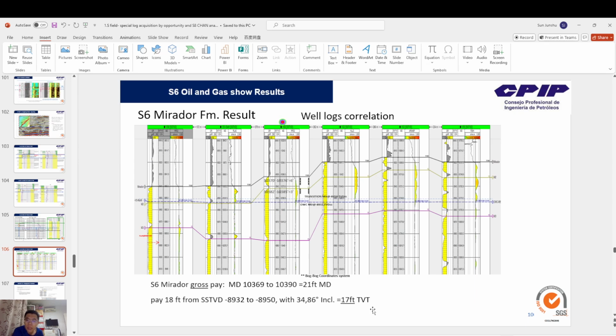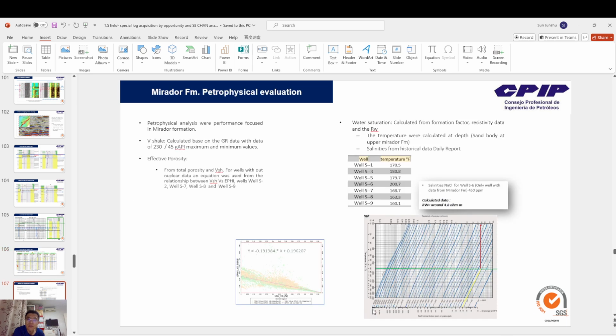S6 Mirador gross pay 21 MD. P18 from SSTVD between 8,932 to 8,950 with 35 inclination. TVD is 17 feet.